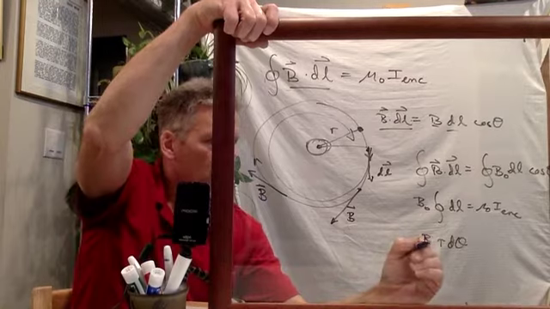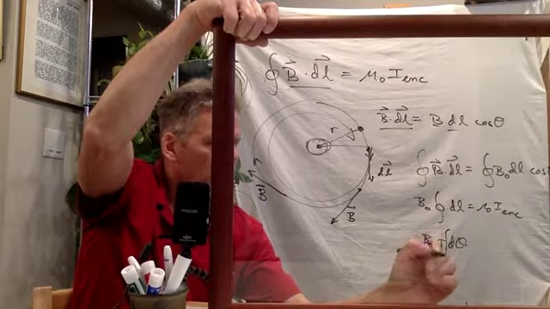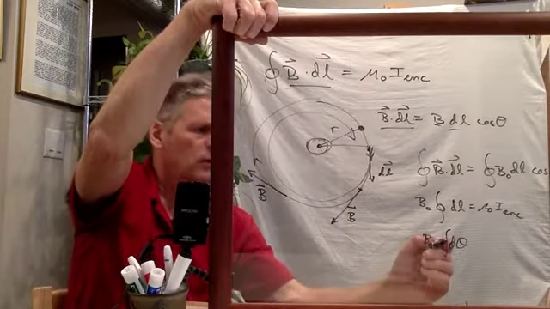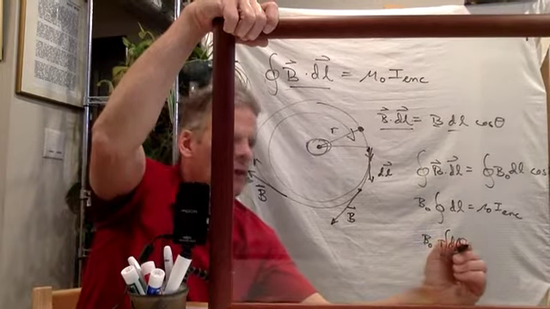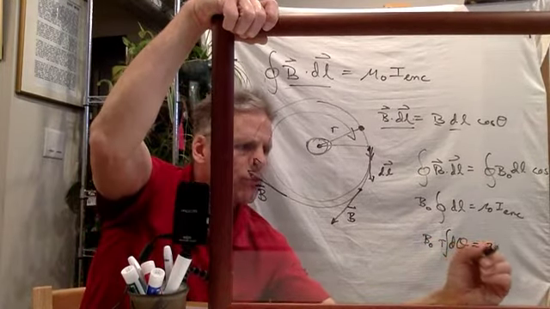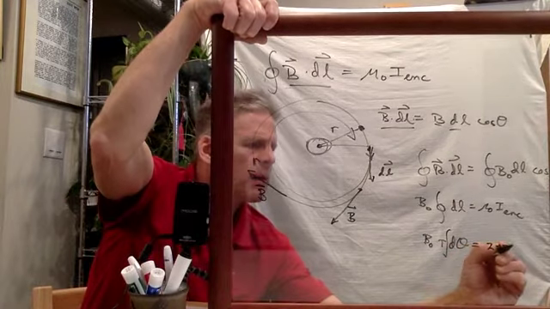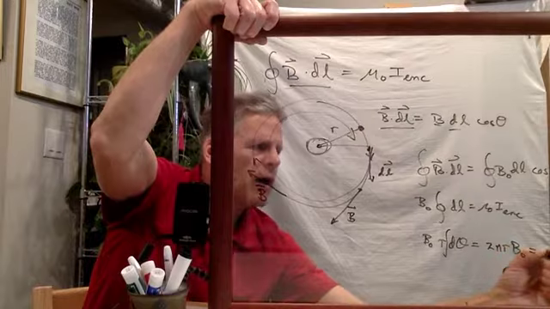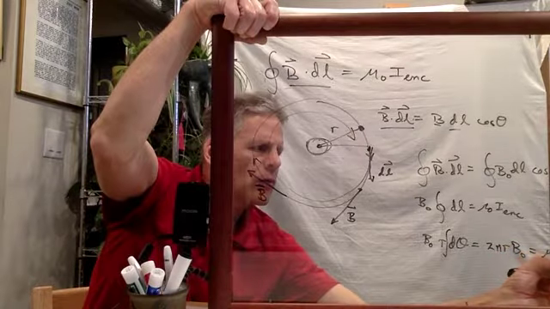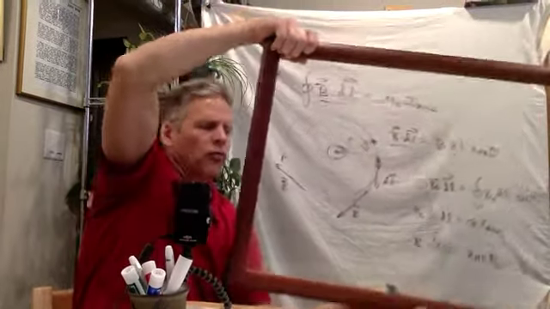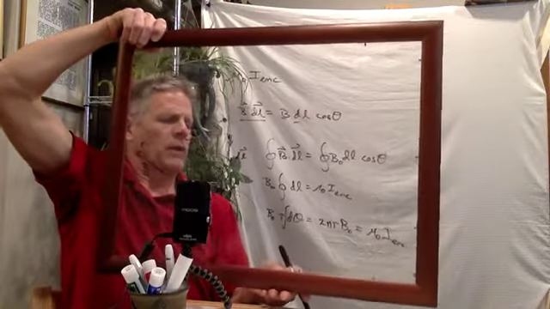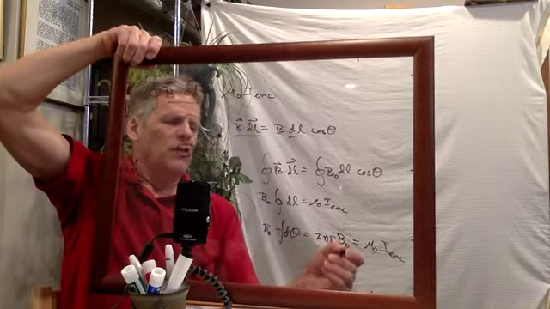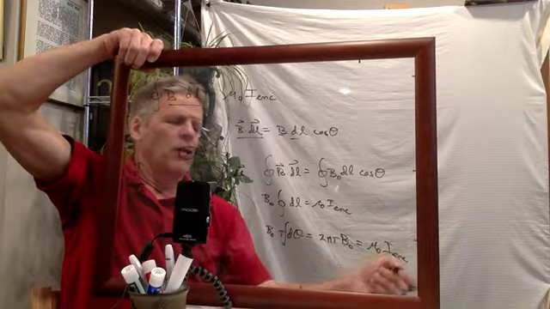So we have B0 r d theta. The r I'm also pulling out because it does not change over this interval. So what do we have? This is just 2 pi r B0 equals mu zero I enclosed. So B0 r d theta equals 2 pi r B0, which equals mu zero I enclosed.